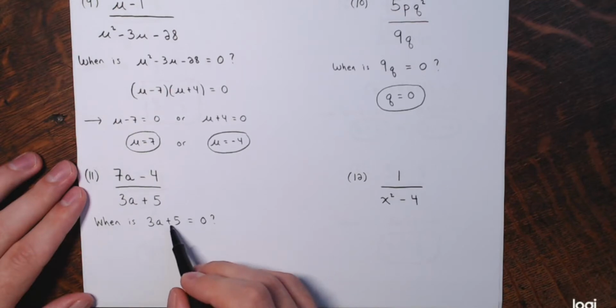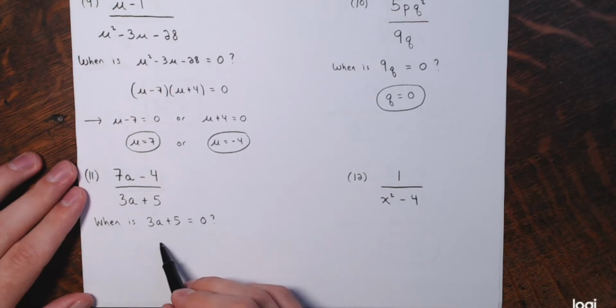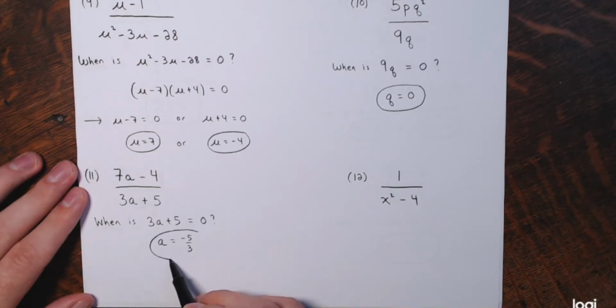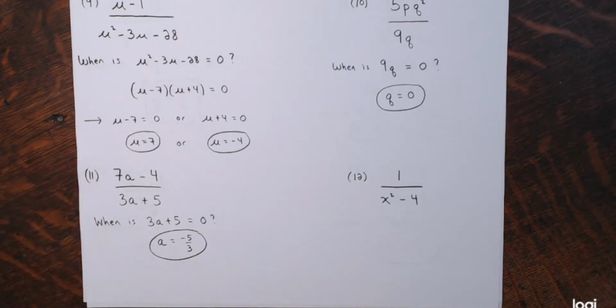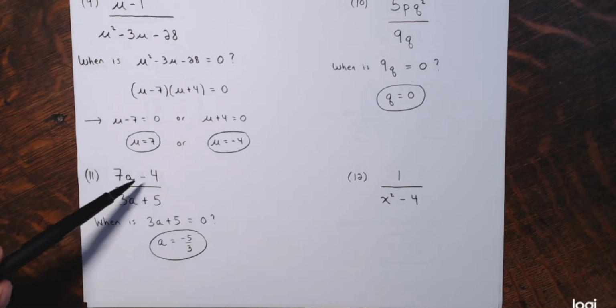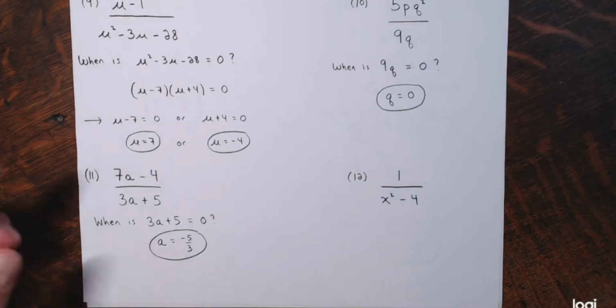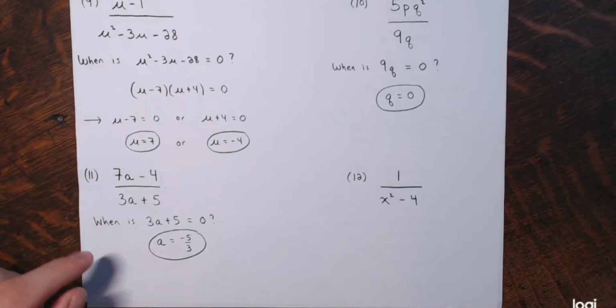Solving this, again, simply subtract 5, divide by 3. A is negative 5/3, and there it is. If I replaced a with negative 5/3, the numerator would be some number. Who cares, right? But the denominator would be 0, making this expression undefined. So I could replace a with any number I wanted except negative 5/3.